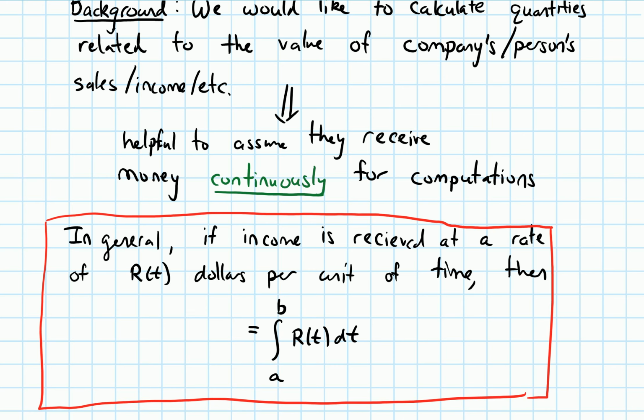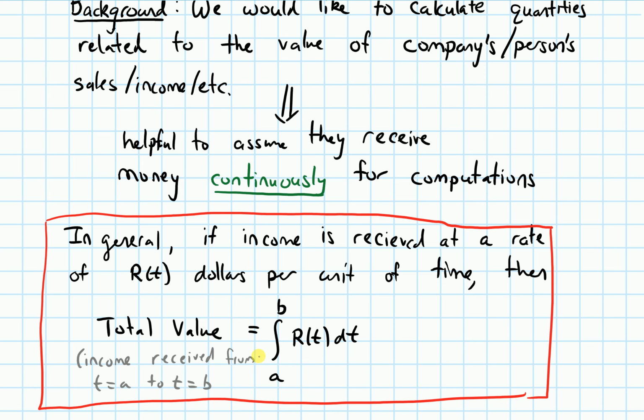And we refer to this as the total value. And that's the key topic from this video, total value. So total value is the income change over this time period, which technically means it's just the income received over this time period, from t equals a to t equals b.